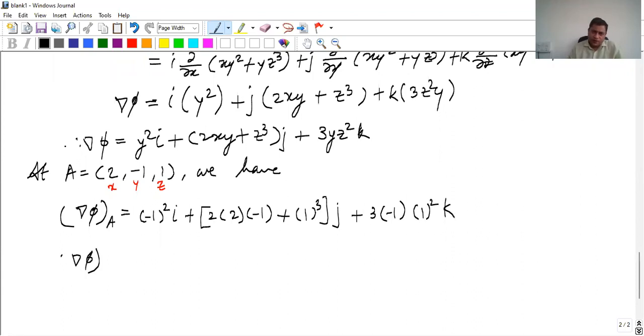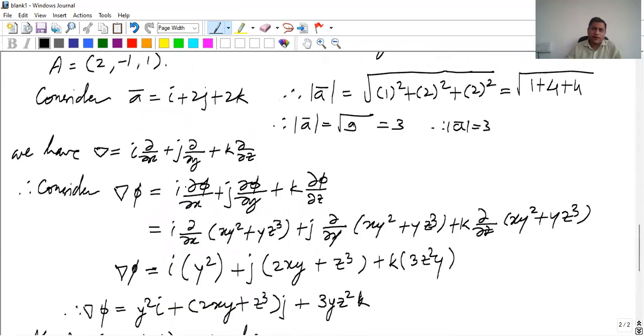The i term is 1. For j, it will be minus 2 and plus 1, so is it minus j? Hmm, let me recompute: 2 into minus 1 is minus 2 plus 1, and the j term is minus 1. Are you getting this? Yes. And this term will be minus 3k. Correct? So we got del phi.